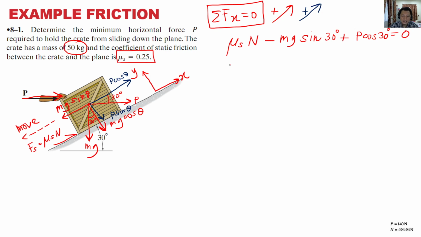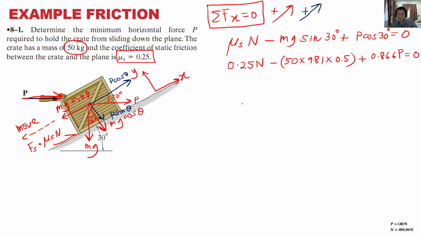Okay, let's simplify. So you've got 0.25 N minus 50 kilograms times 9.81 times 0.5 plus 0.866 P equals 0.